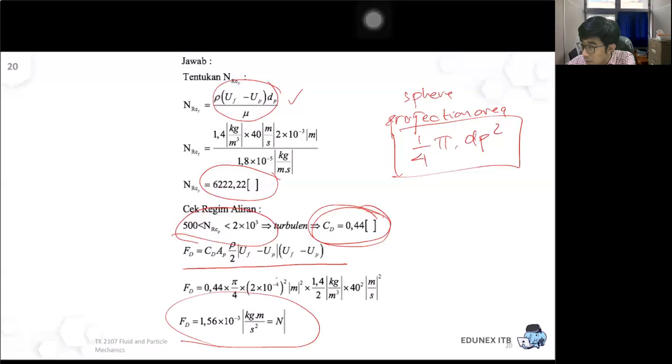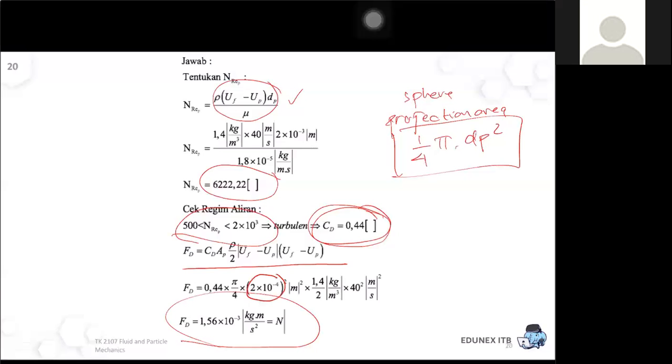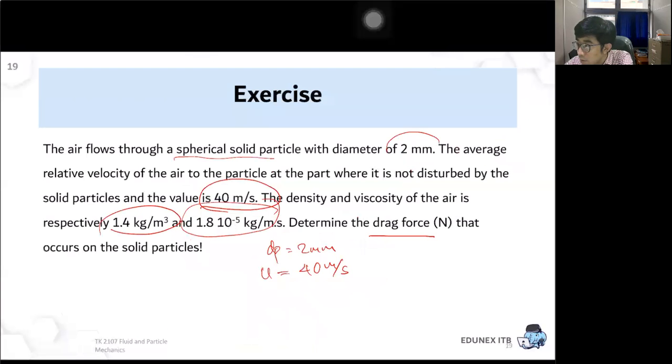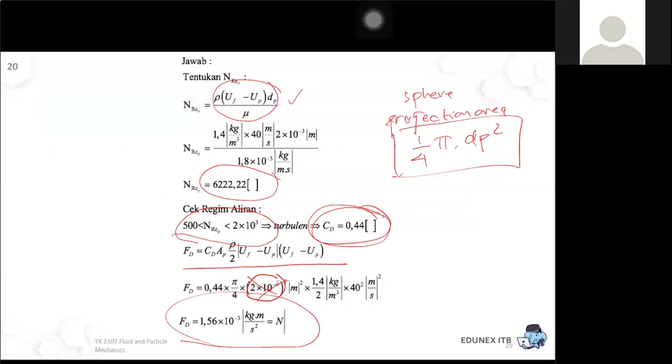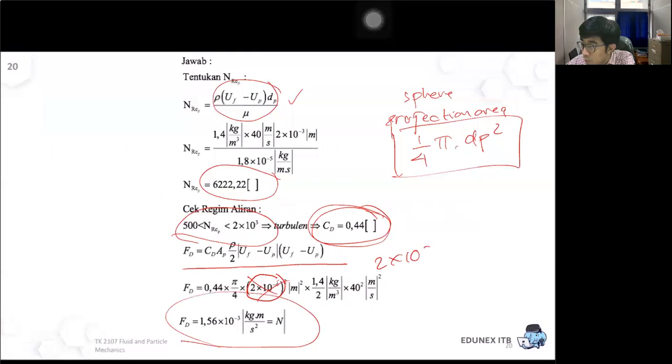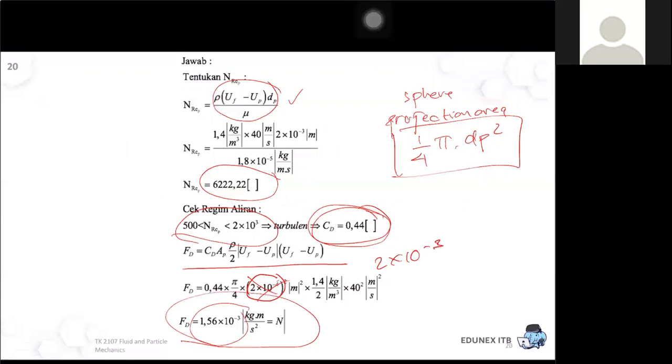Oh, this one, where it's 2 times 10 to the, yeah, that one. Okay, should be -3. The diameter is 2 millimeters, right, sir? Yeah, 2 times 10 to the -3. But the result is correct? Yeah, the result is correct, sir. Okay, it's just a typo then. Okay.